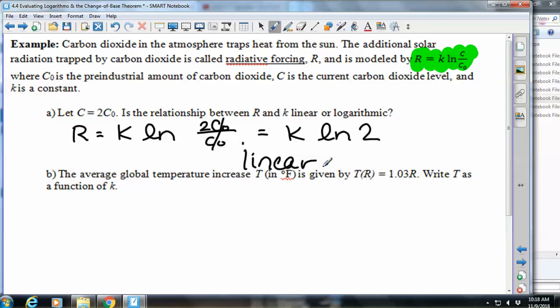Alright, so B, the average global temperature increase, T of R, is given by 1.03 R. Write T as a function of K. So it's basically just saying replace R. So what is R?